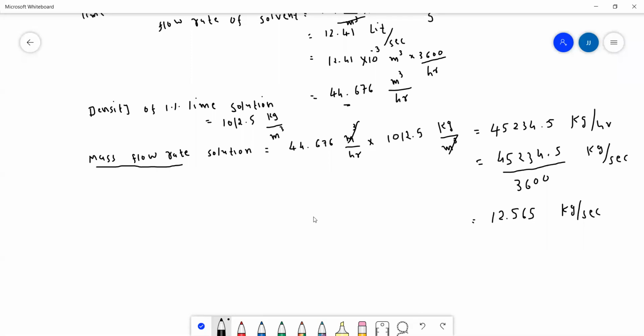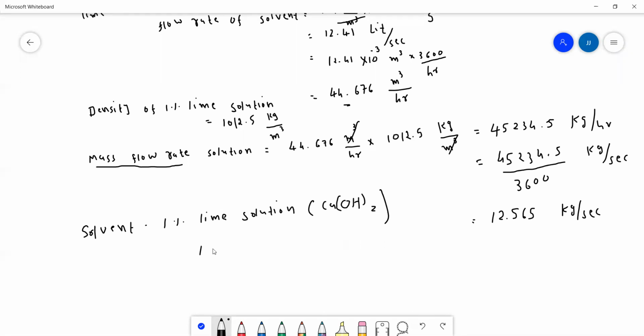So here the liquid solvent is a 1% lime solution, that is Ca(OH)2.